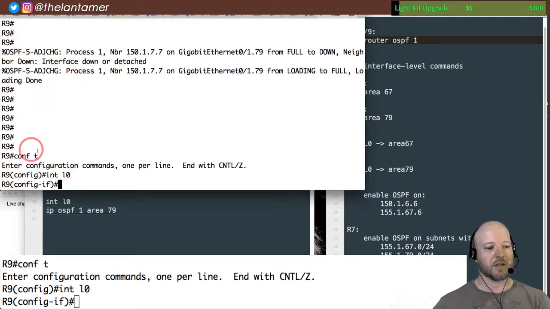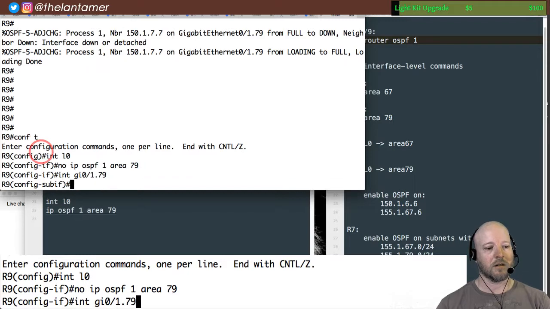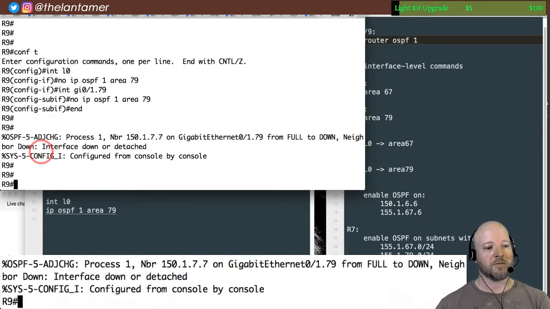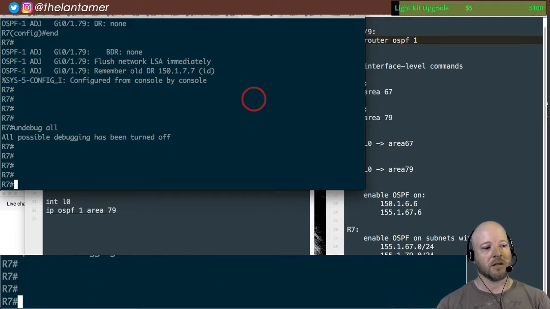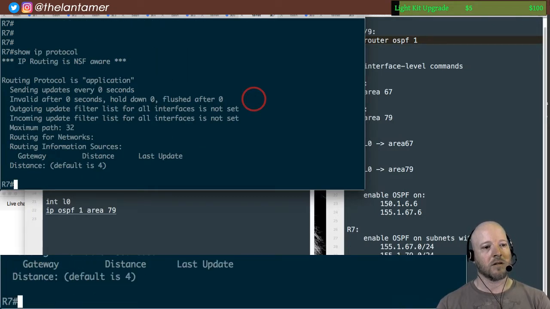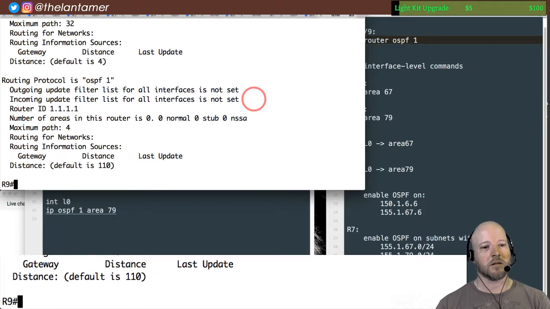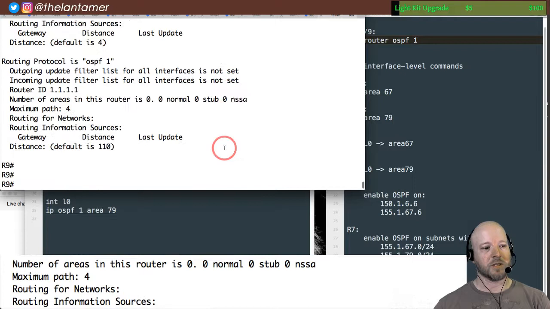On both these interfaces. That should clear the OSPF process on both these routers. Show IP protocol. Yep, it's dead.